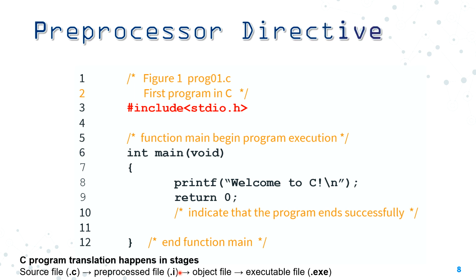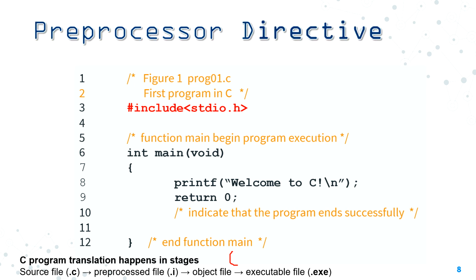This expanded file is compiled by the compiler and an object code file is generated, and it will become program.obj. Sorry, I forgot to put the format for the object file.